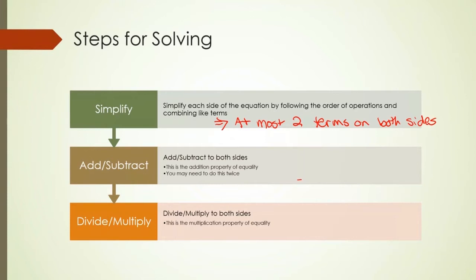Usually you only have to do it once, sometimes twice, but never more than twice. Then you usually have 1 step left, and that is to divide or multiply on both sides. Most of the time we divide, which is why I put that first. And that is using the multiplication property of equality, and you only need to do that once. So you have 3 main steps for solving: simplifying, adding or subtracting, and dividing or multiplying.